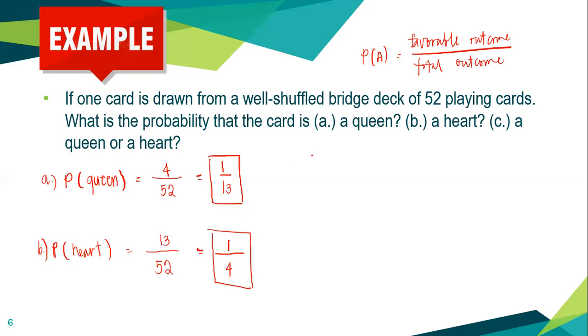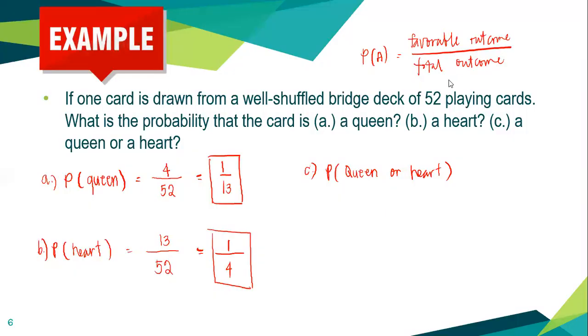How about letter C? Kay letter C, probability of queen or heart. Si queen or heart, so si queen at saka heart ba is mutual or not mutual?